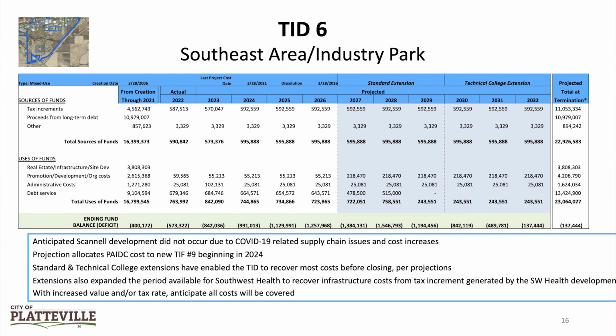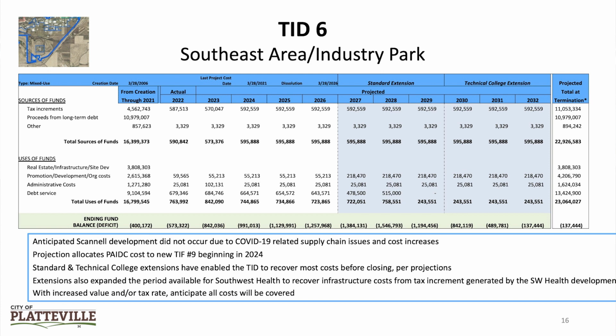But if a new TIF is created that overlaps TIF 6, which is going to be that same area, or at least partly, then that cost could be allocated to the new TIF instead of being borne by TIF 6 for the years 2024 through 2032. And so that is reflected in this projection. If PADIG continued to be paid out of TIF 6, then the picture would be a little darker at the end of the life of the TIF.